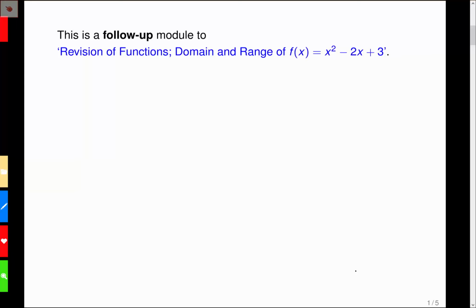As a summary, in that module, we first revised the basic notions of functions. We then reasoned that the set of all possible inputs for this function, that is, the natural domain, is the set of all real numbers.